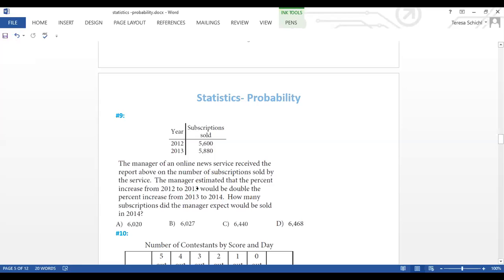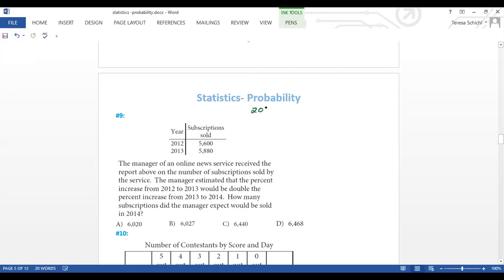The manager estimated the percent increase from 2012 to 2013 would be double the percent increase from 2013 to 2014. So how many subscriptions did the manager expect to sell in 2014? This problem is not quite related to the previous one, but it's a little bit like the percent of increase, right? Okay, so let's take a look here.